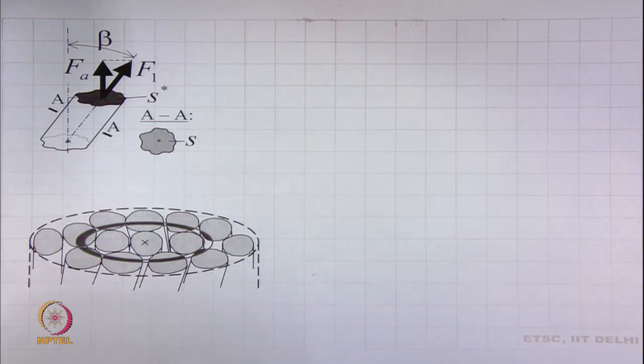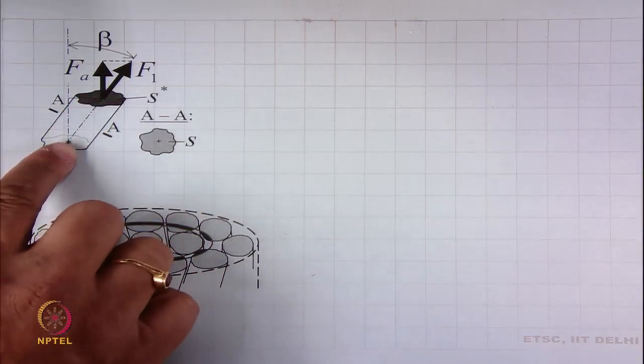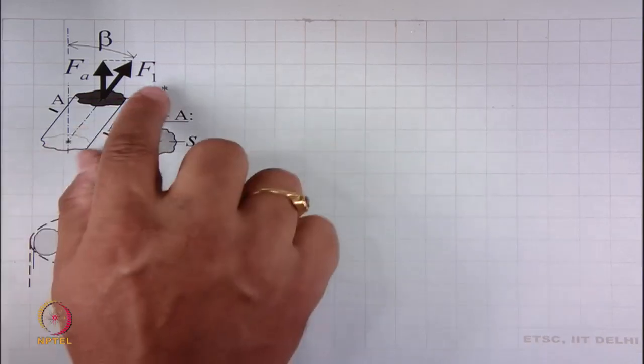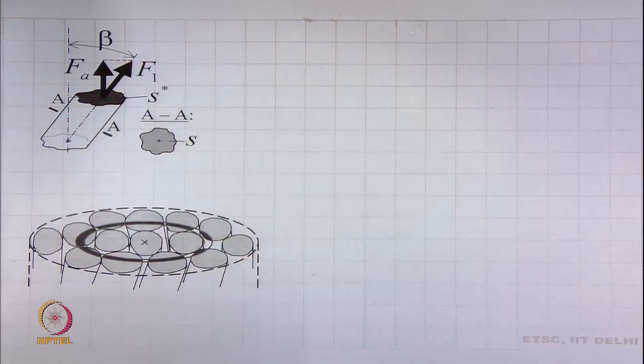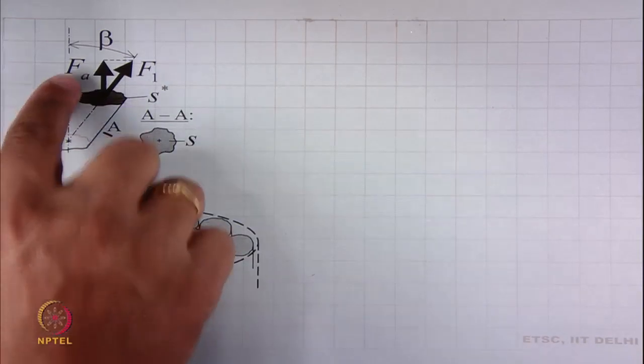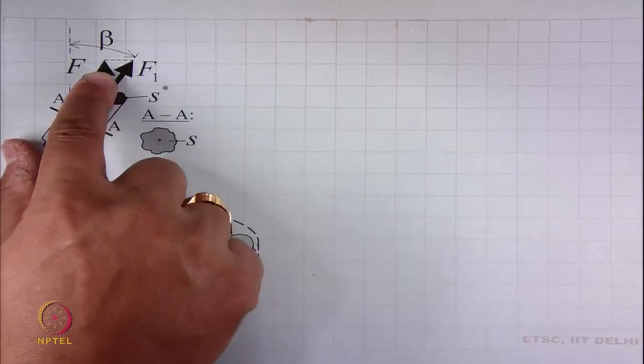What you see is an oblique fiber, if an axial force F subscript 1 is applied to this fiber, and F subscript A is the axial force to the yarn.